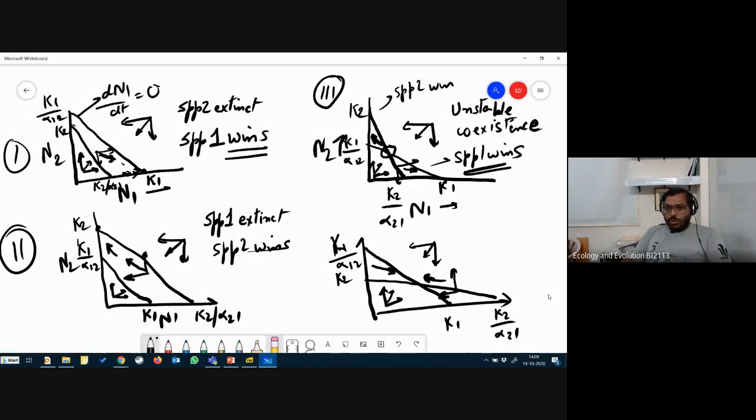Now this intersection point is again a coexistence point, but now this is a point of stable coexistence. Why am I calling it stable? Because if there are minor perturbations, it will come back to this coexistence point. Whichever direction you perturb it, at the end of the day it will come back right over here.